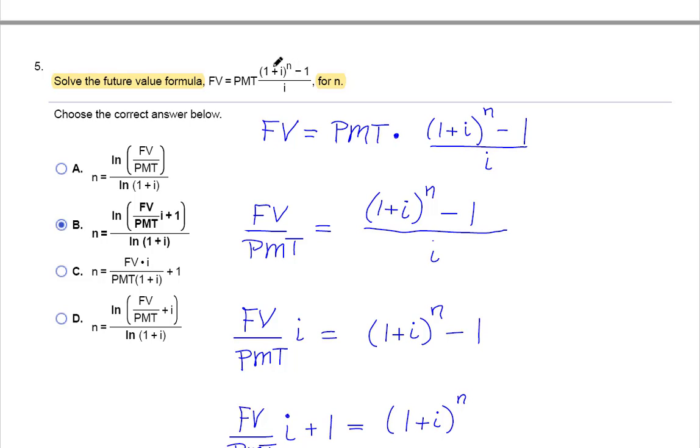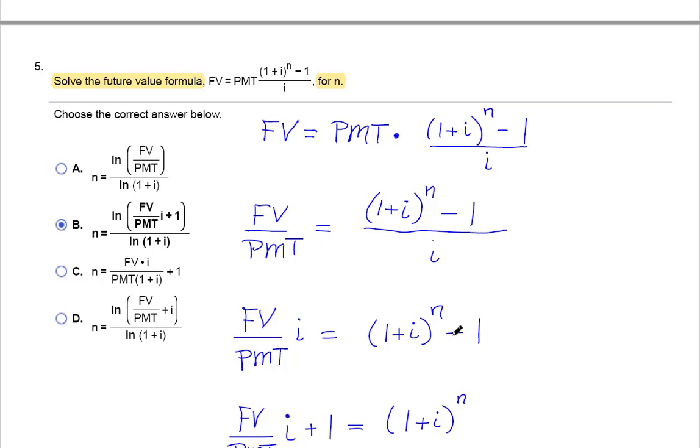But to get to it, I need to clean up a bunch of things first. So first off, divide both sides by the payment. All right, that looks better. Get rid of this denominator, so multiply both sides by I. Okay, that gets me to this step.